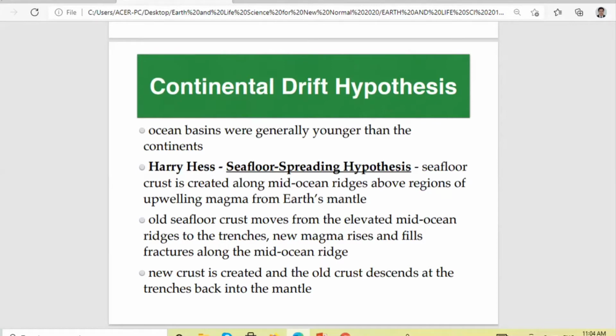Old seafloor crust moves from the elevated mid-ocean ridges to the trenches, and new magma rises and fills fractures along the mid-ocean ridges. The new crust is created, and the old crust descends at the trenches back into the mantle, according to Harry Hess.